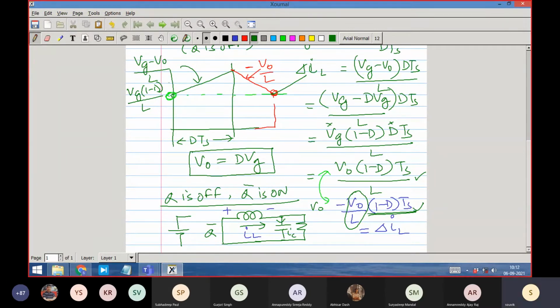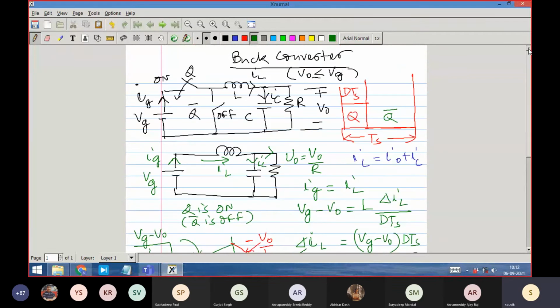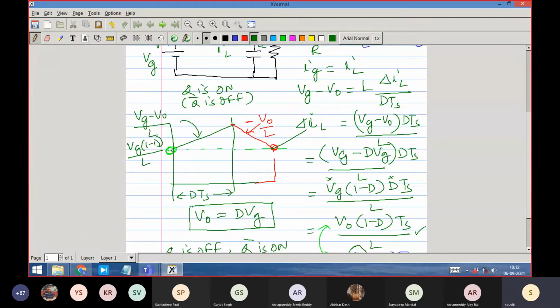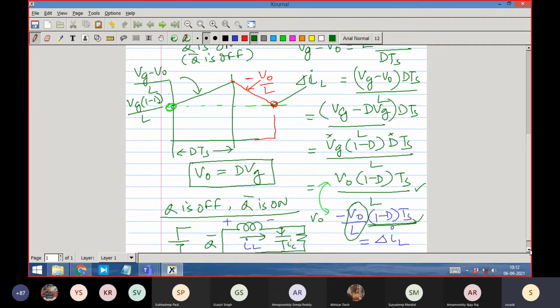So this is the profile of the inductor current. One thing I request you to observe is that in the delta IL expression, you can clearly see that there is a Ts, the switching period, coming in. If Ts is more, then the ripple quantity will be more. Let me take a page and tell you.